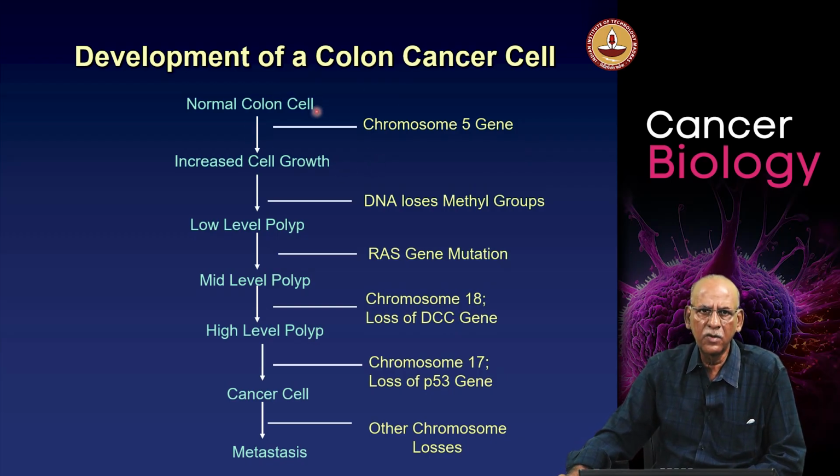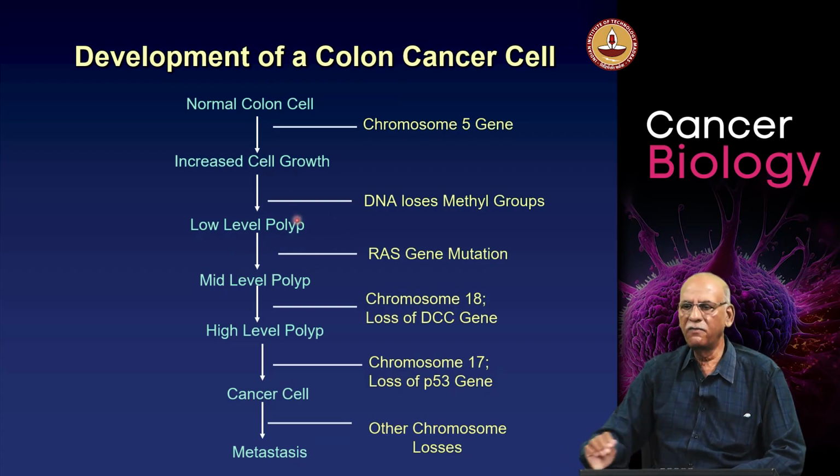Suppose a normal colon cell is there, a chromosome 5 gene is first affected, then there is increased cell growth, and then DNA loses some methyl groups. Later on I will tell you about the epigenetic changes. Methylation plays an important role. So, one of the epigenetic changes takes place that develops what is called a low level polyp.